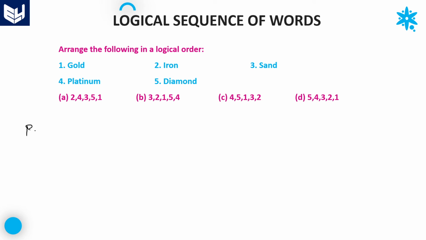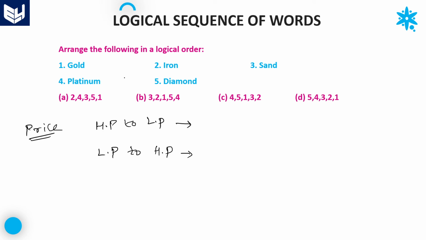We will arrange them based on their price. First I will arrange from highest price to lowest price, and I will also arrange them from lowest price to highest price, because I don't know which one is given in the options.